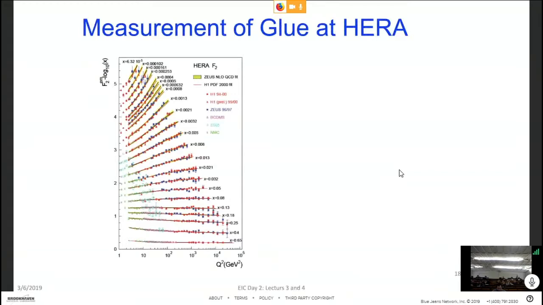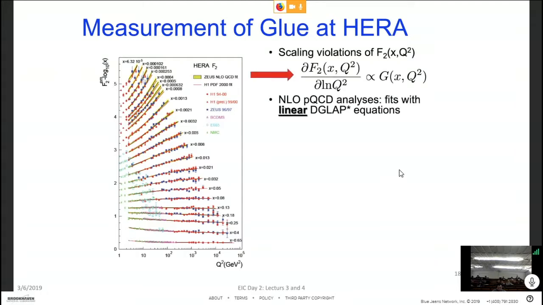Now, how do you get to parton distribution functions? I told you that we have to fit them at next to leading order. And one thing that we know is that the F2 structure function slope with d ln Q squared is the gluon distribution itself. So the gluon PDF that everyone uses comes from HERA because of such a process.